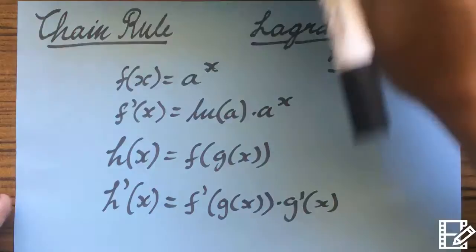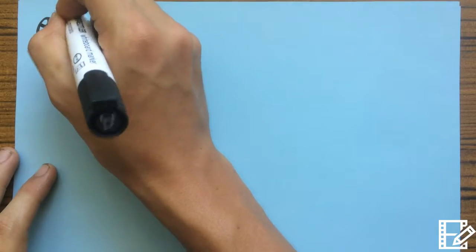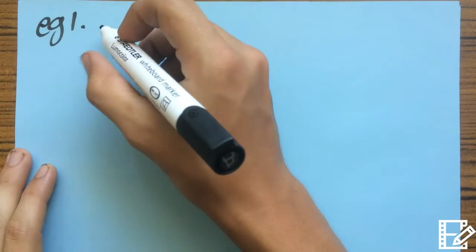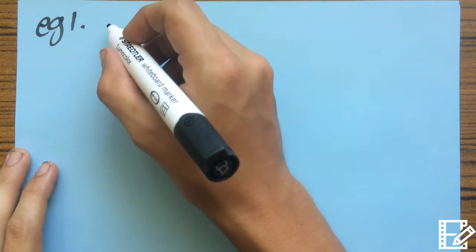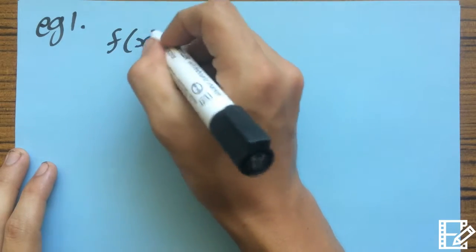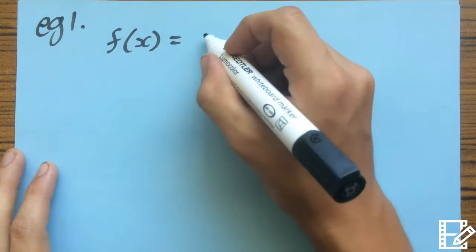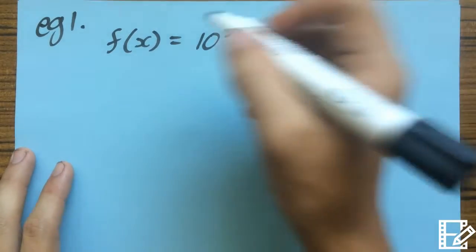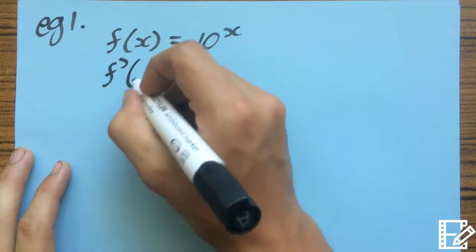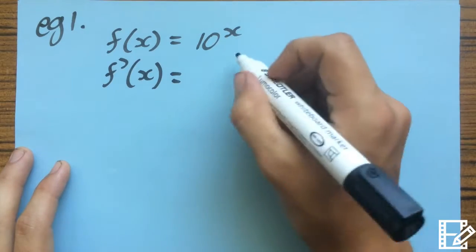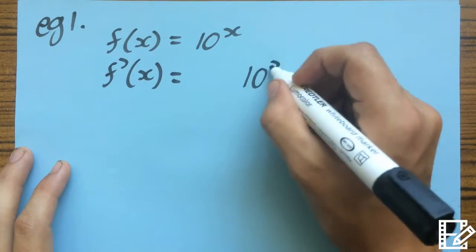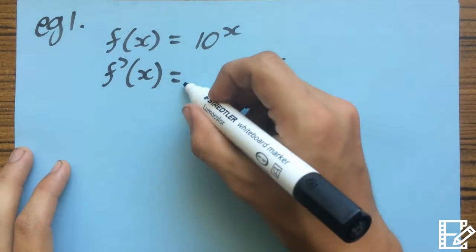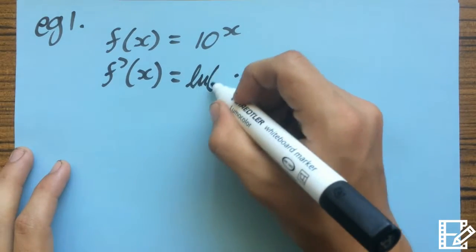So let's do an example. This example won't be the chain rule. This will just be showing you how a to the power of x works. So let's say we have a function and it's 10 to the power of x. When we derive that function, we have 10 to the power of x, but we multiply it by ln of 10.